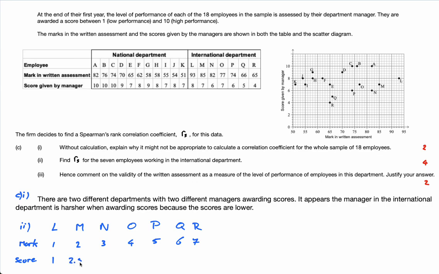Then similarly here, he's first, second, third, he's fourth and fifth, and he's fourth and fifth. So this guy gets 4.5 and this guy gets 4.5. So you put the average between 4 and 5. And then he's sixth and he's seventh because he's the sixth best and he's the worst.